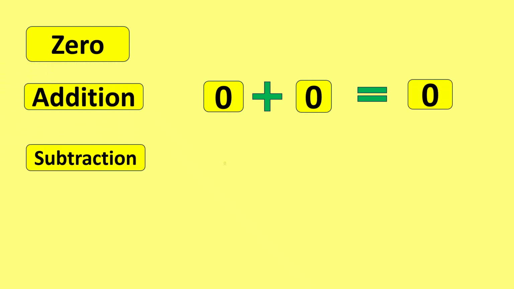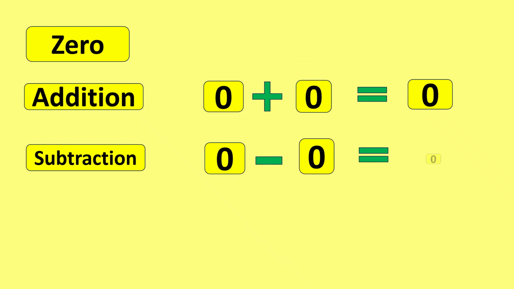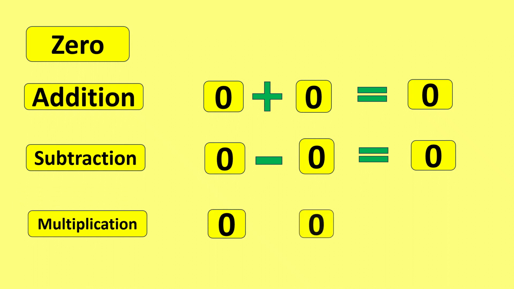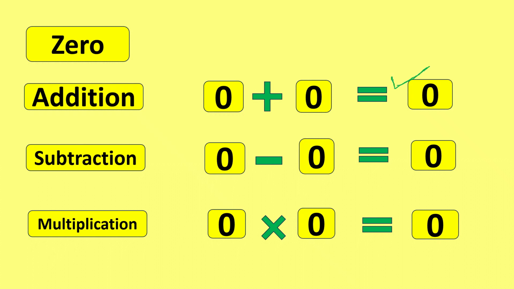When we subtract 0 from 0, the outcome is 0. When we multiply 0 with 0, we get 0. So when we take a 0 with a 0, we always get a 0 outcome.